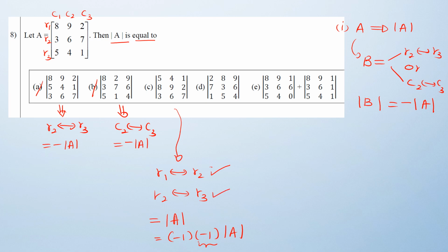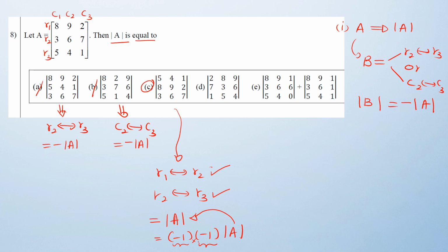Since we have two interchanges, you will have minus 1 twice as a multiplication between those two. So it becomes again the same as determinant of A. So C is correct. That is exactly equal to the determinant of A.